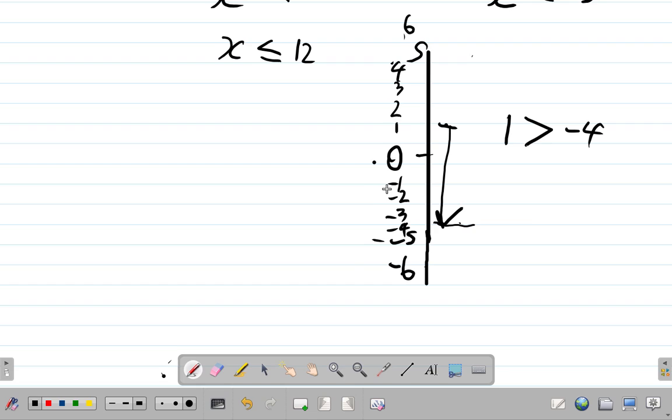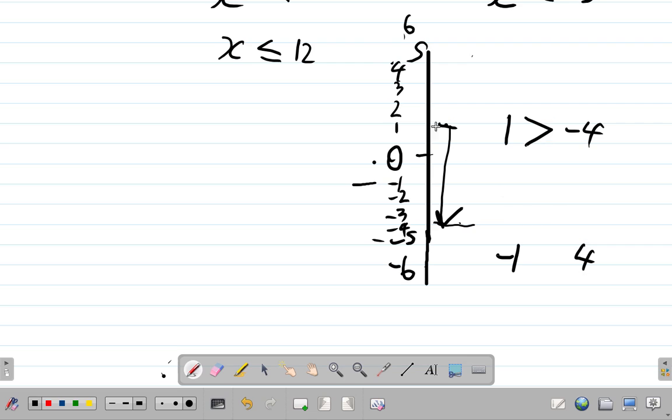But now, let's see what happened. Negative 1 is here. If you multiply 1 by negative 1, it becomes negative. If you multiply negative 4 by negative 1, it becomes positive.